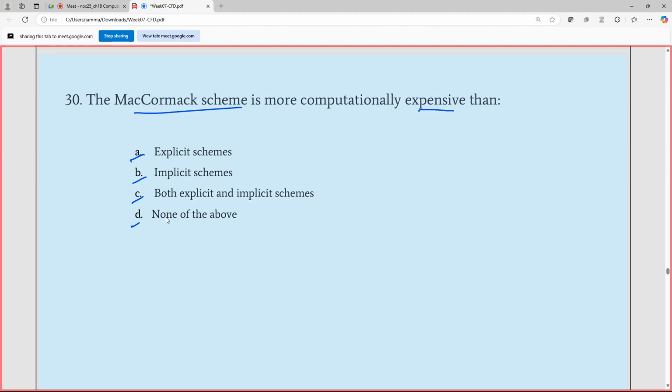So remember, the McCormack scheme is a two-step scheme. It has a predictor step and a corrector step. It's also an implicit scheme. So in that context, if you are trying to answer the question, it will be easy.